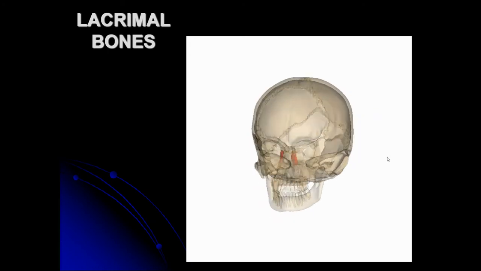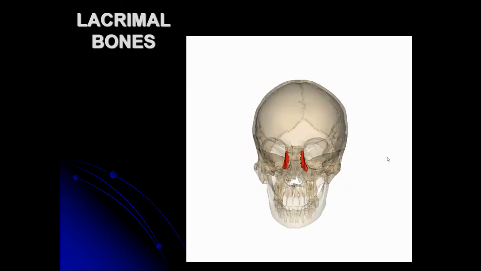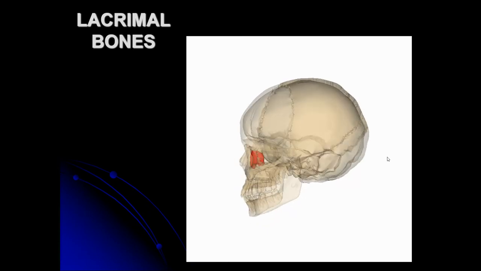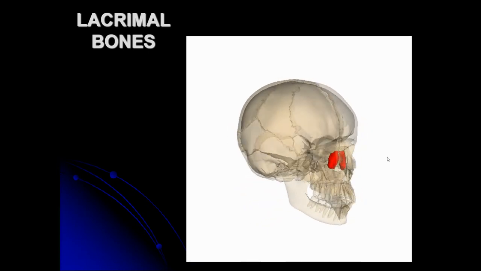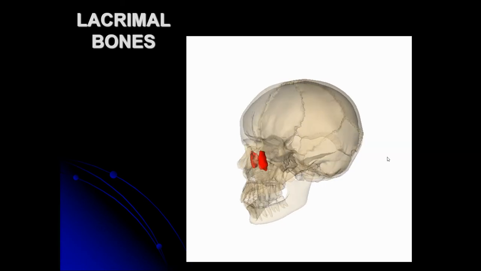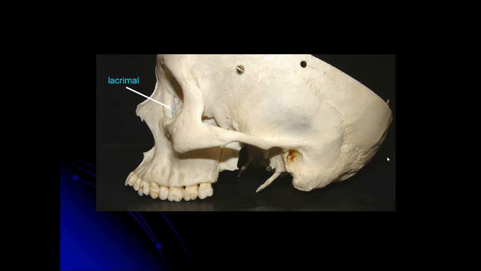Another pair of bones, which you only have to know the name of, are bones that are just inside the eye orbits. They're just inside the corners of your eyes, and they're about the size and shape of a fingernail. They're not very big at all. So if you look at them, there's the lacrimal bone.